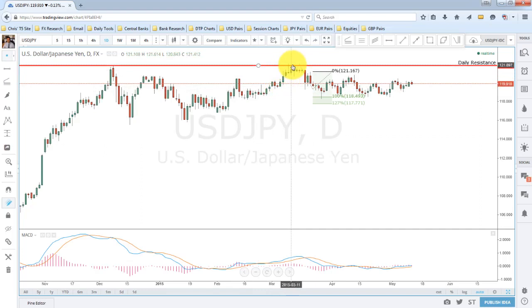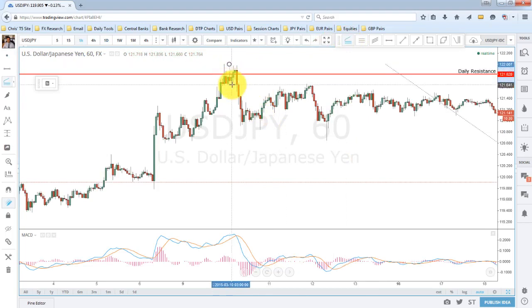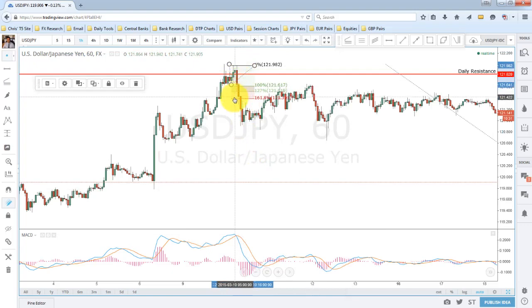Let's go down to the hourly chart. Here is the same level on the hourly chart. This is that same daily level, and let's see what happens. Look at how price measured down to the low, to the high. Obviously, we have a solid extension setup here.